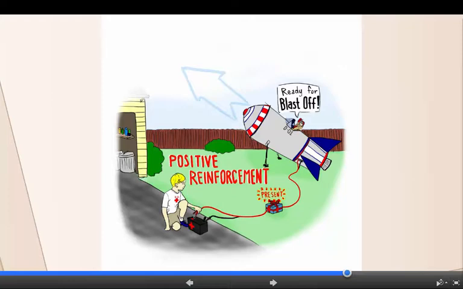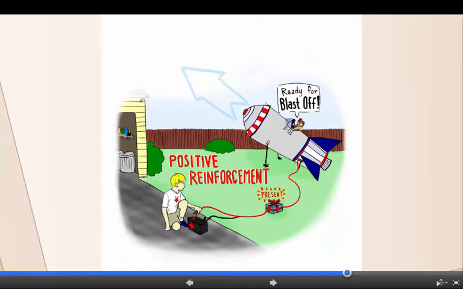So from an operation standpoint, the operation is the presentation of a stimulus. What am I presenting here? The charge and the zoom off rocket ship. And what effect does it have on behavior? It increases behavior. What behavior did it increase here? Language skills, saying ready for blast off under these circumstances.